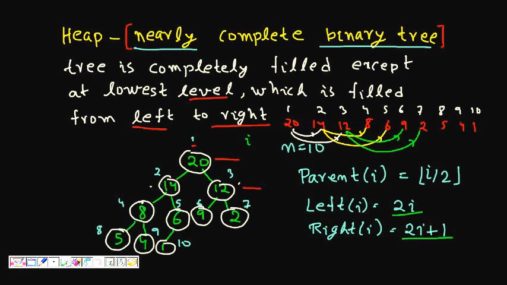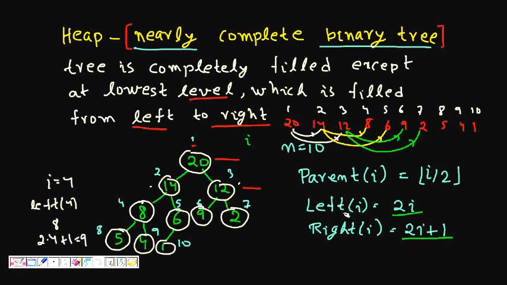If you take any node here, let's say node 8, its index i is equal to 4, so its left child is twice 4, which is 8, and the right is twice 4 plus 1, which is 9.